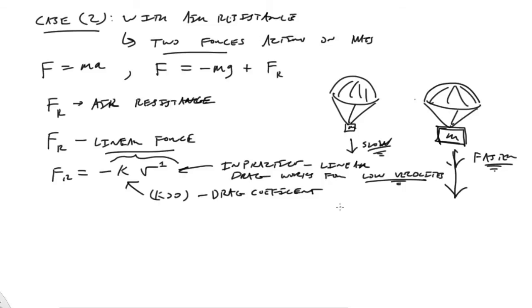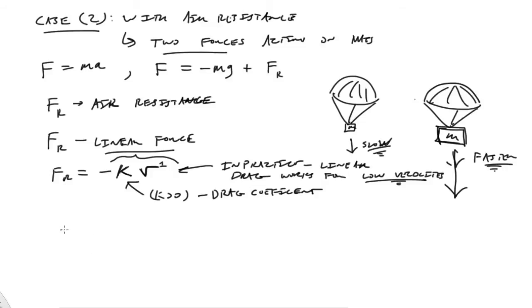So when velocity gets extremely high, this model breaks down. It doesn't quite account for behavior as well. But provided our parachute's big and we're not going too fast, this linear force of air resistance works pretty well.